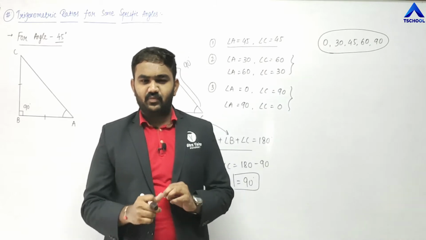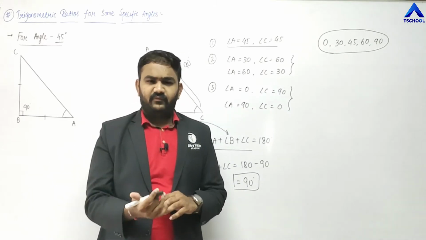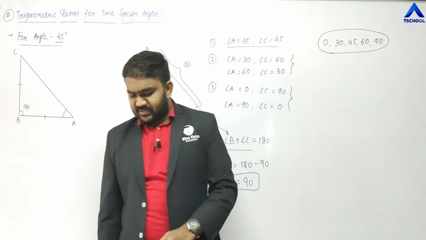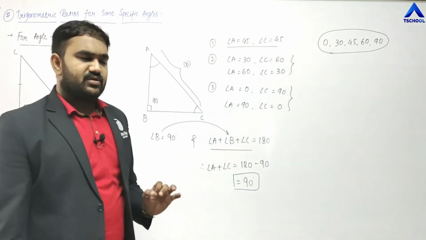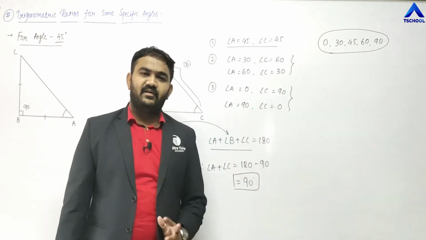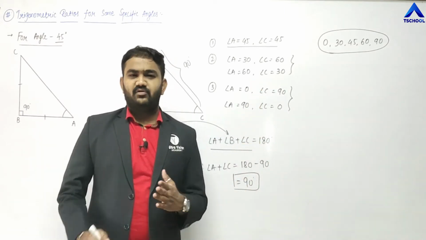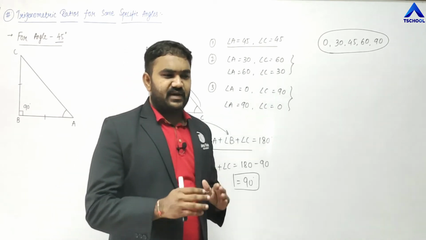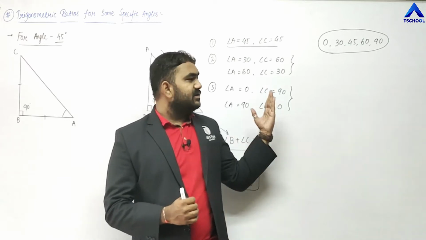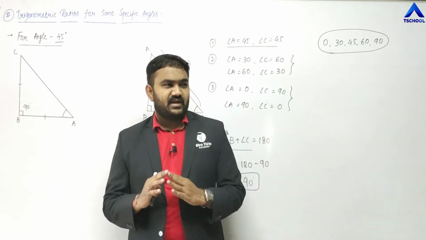And one more thing, for further studies you will be required to find the trigonometric ratios for these five values only. That means you will be required to find the ratios of sine, cos, tan, cot, sec and cosec for the angles 0, 30, 45, 60 and 90.